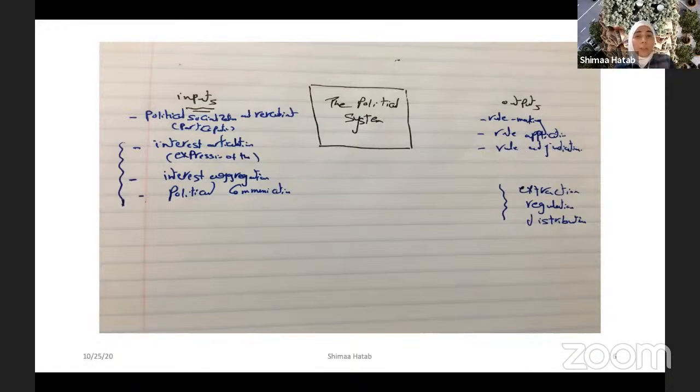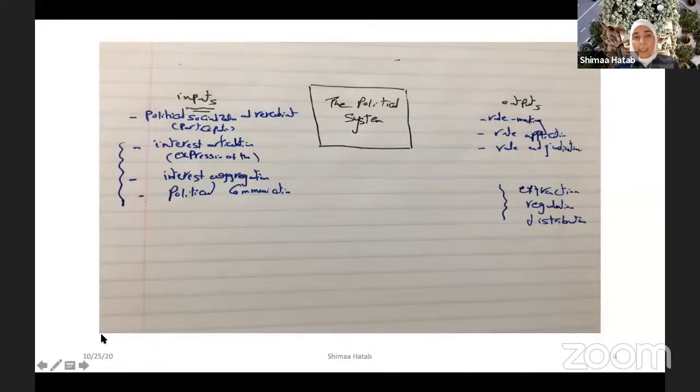Regulation: what kind of regulations the political system would issue in order to discipline society or to help society participate in a legitimate way. And then distribution: how the political system would distribute material resources or material benefits in a particular society.